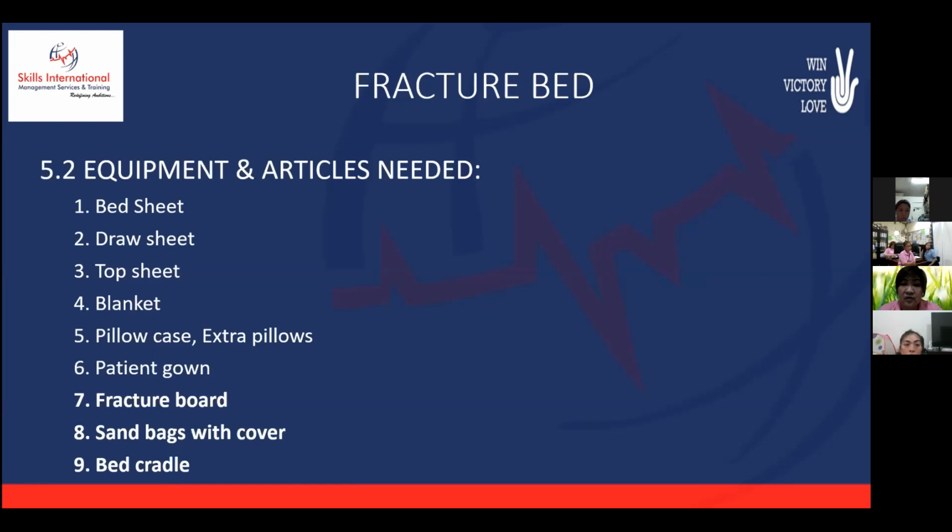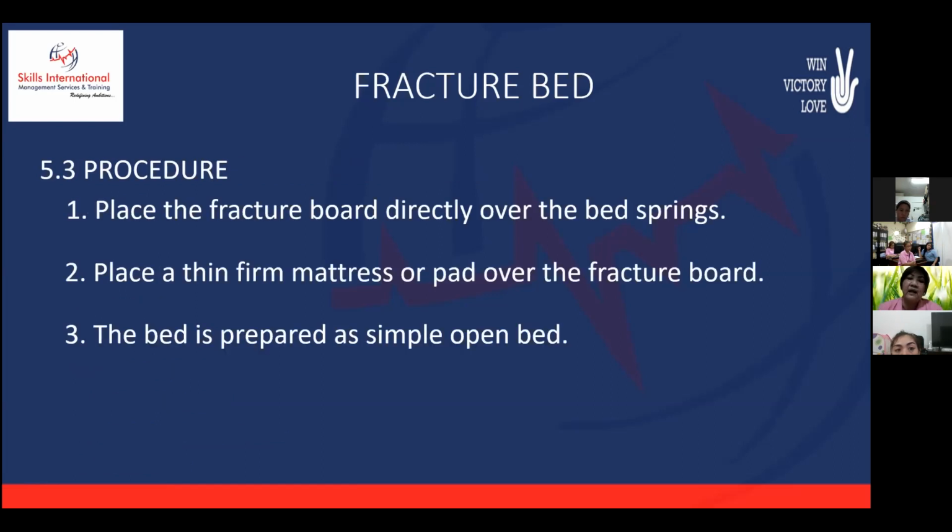For this fracture bed, we need a fracture board, sandbags with cover, and a bed cradle. So how to do the procedure? We place the fracture board directly over the bed springs, then a thin, firm mattress or pad over the fracture board, and the bed is prepared as simple, just like the open bed for those admission patients.